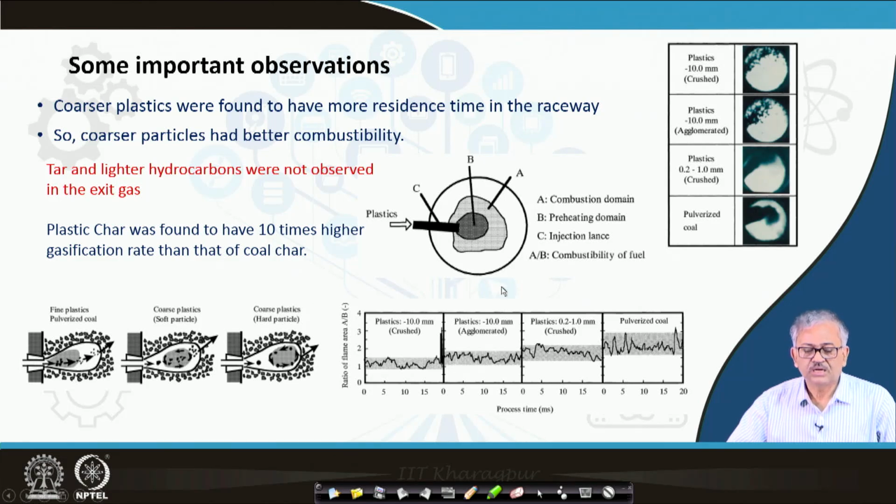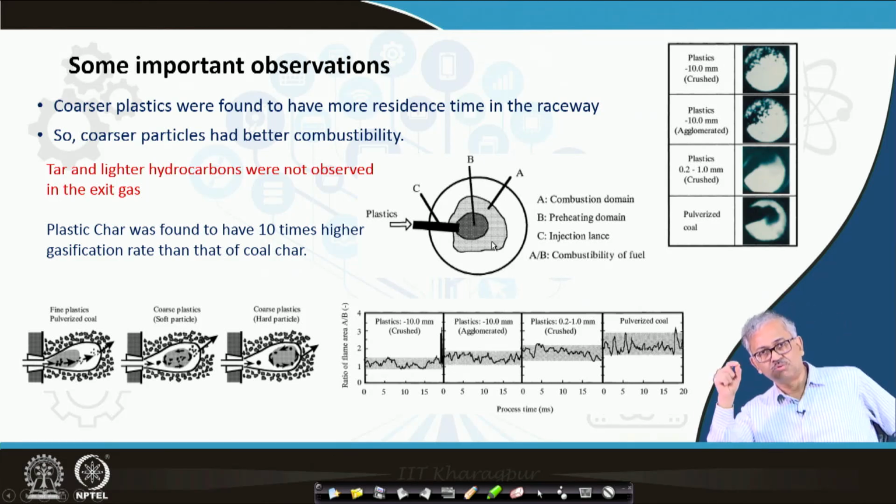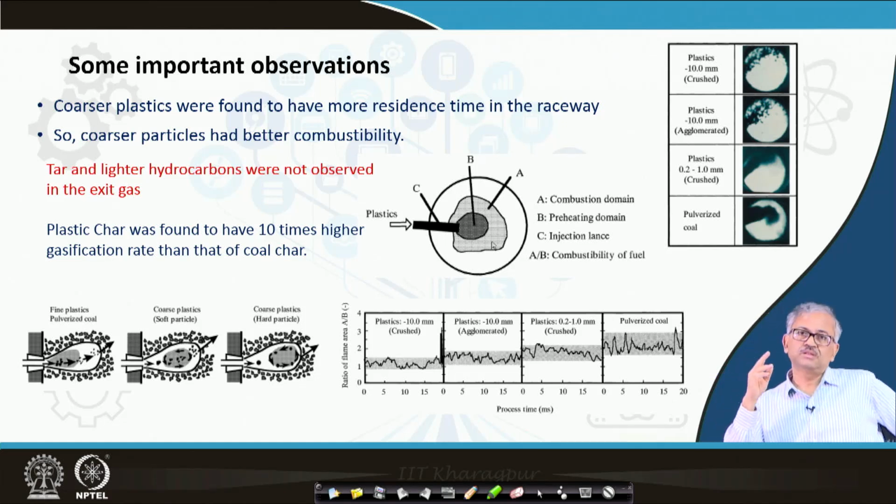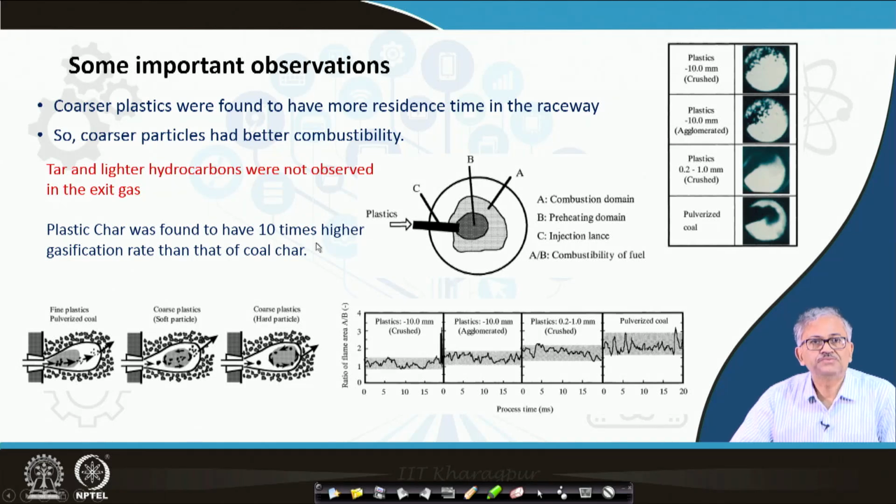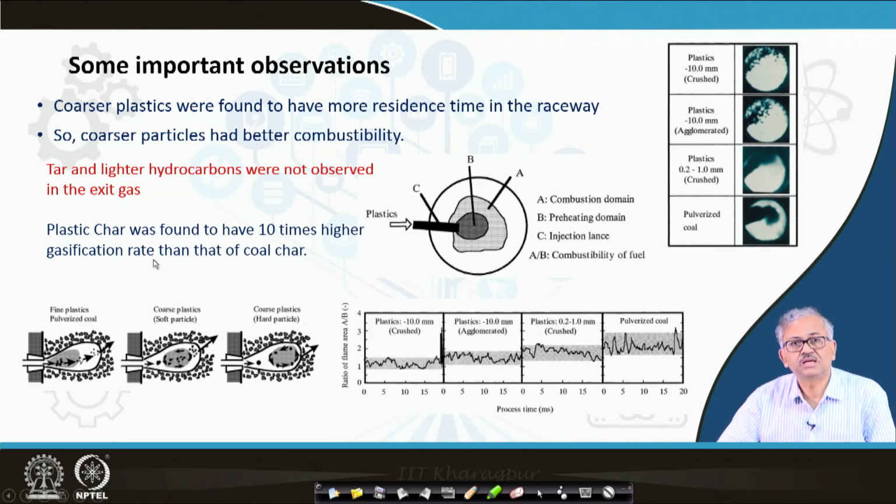So if some of the plastic char comes out of the combustion zone and even goes up in the furnace, its gasification is so fast that it will gasify, and the chances of blocking will be less, because the gasification rate is 10 times higher than that of the char obtained from pulverized coal.